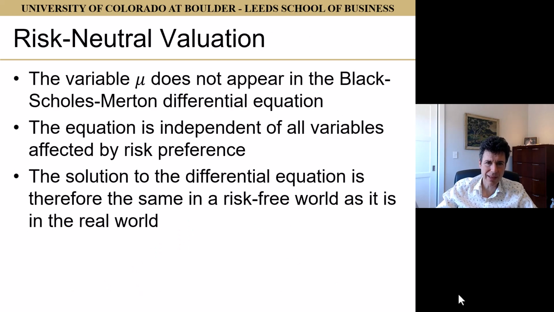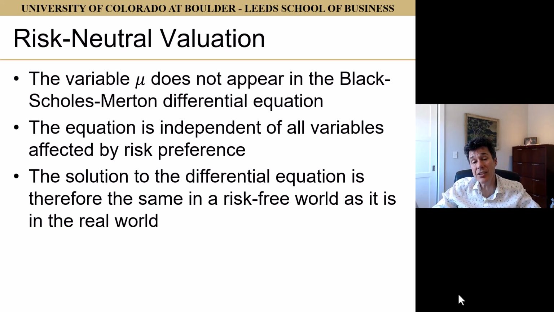Now, the key thing to note about the Black-Scholes-Merton formulas. The variable mu, that was our expected drift. The expected drift does not appear in the differential equations, which give us these formulas, nor does it appear in the formulas. The formula is independent of variables affected by risk preference.